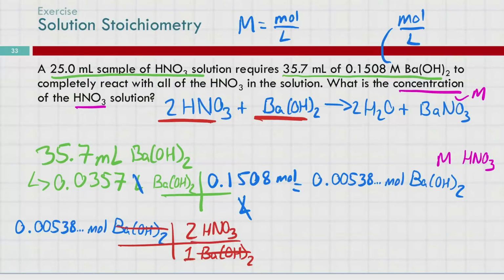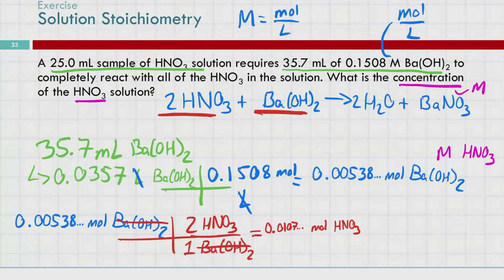That's the stoichiometry part. And this will give us moles HNO3. 0.0107 moles nitric acid. Questions so far about our journey?